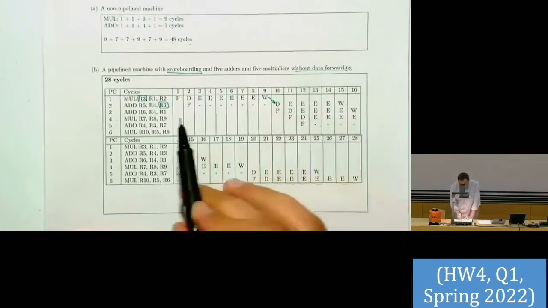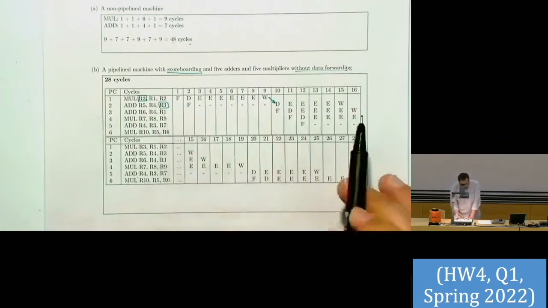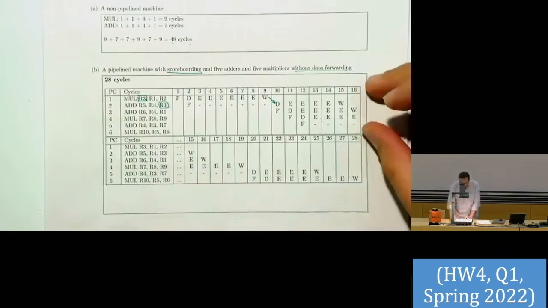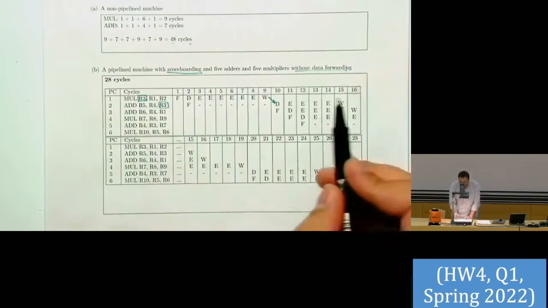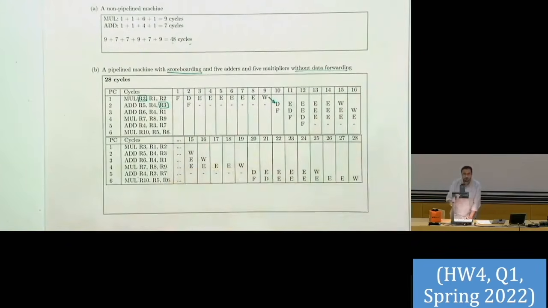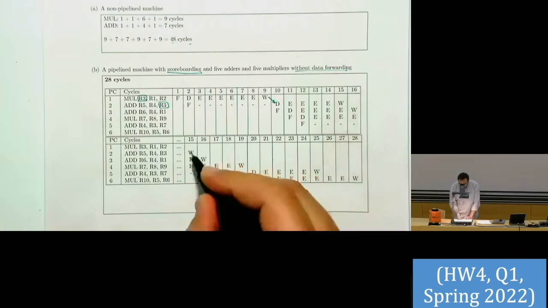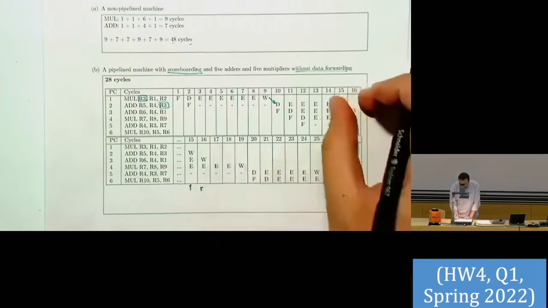Then you just follow the same idea for the other instructions as well. I put 2 rows here because the whole thing doesn't fit into one line. This goes until the 16th cycle, and I repeated the 15th and 16th cycles here; these are just copies.